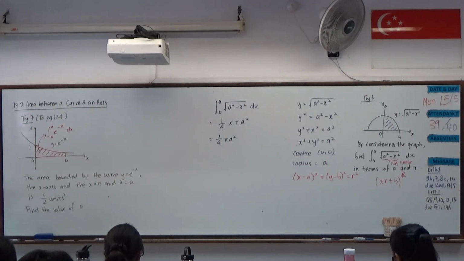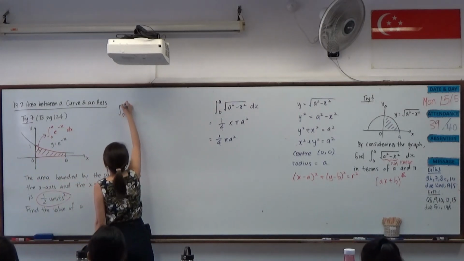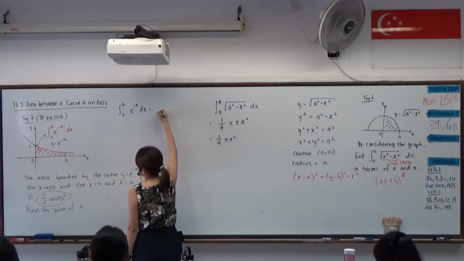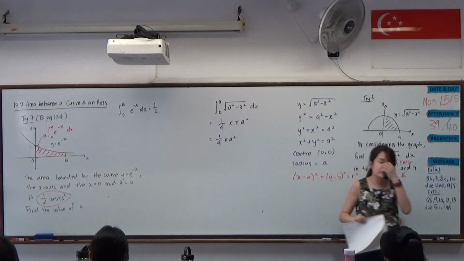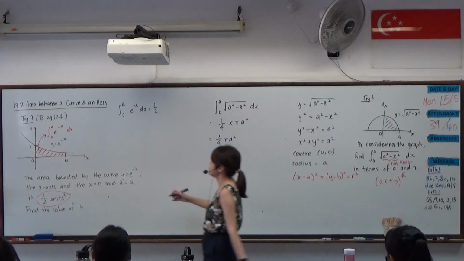Right? And the question has told us that the area is half unit square, so we can form our equation of the integral equals to half. And then we proceed with integrating.